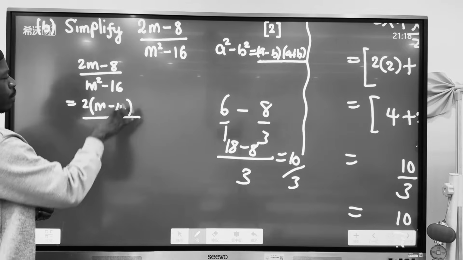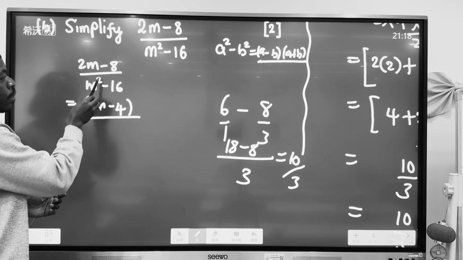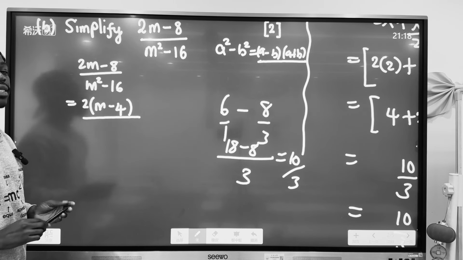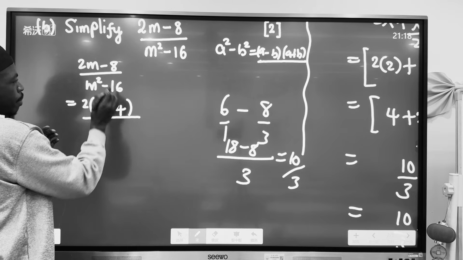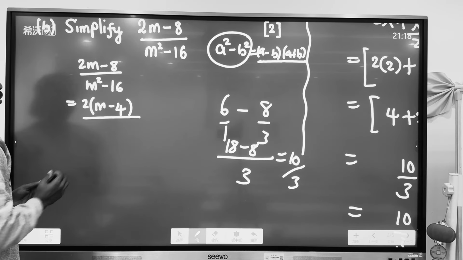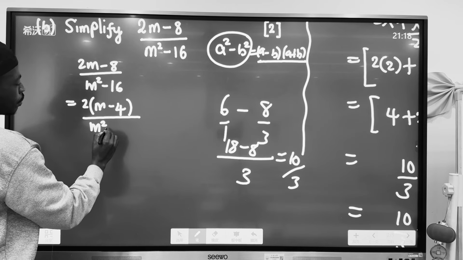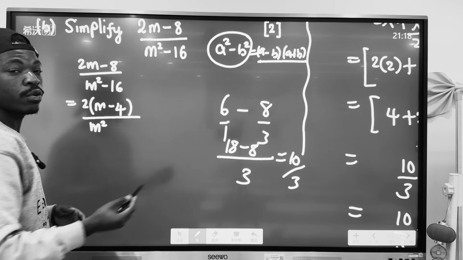So let's see if we can write this expression like that, because I'm suspecting that this is a difference of two squares because of the presence of the square and the minus there. So this can be written as m squared. You can see that 16 can be written as 4 squared because 4 times 4 is 16.